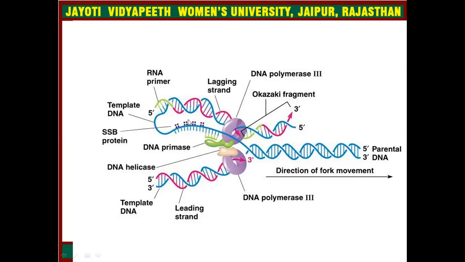So small fragments will be created at this side, and these small fragments are known as Okazaki fragments. First of all they will be created by the same enzymes like DNA polymerase, but after the completion of the Okazaki fragments, they will be sealed by the DNA ligase enzyme and they will create the lagging strand.